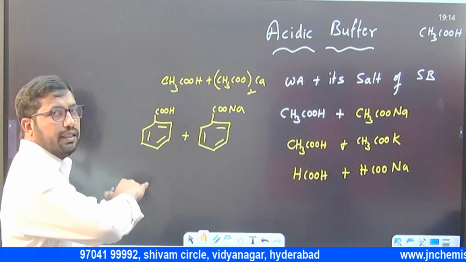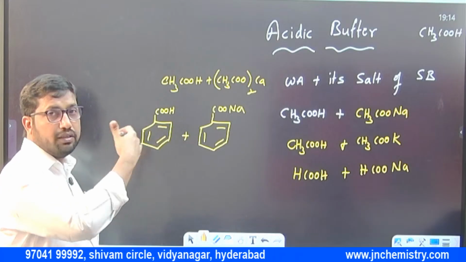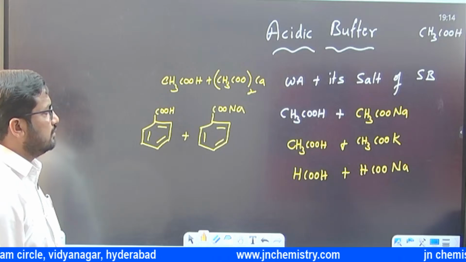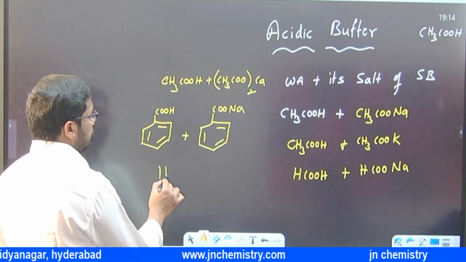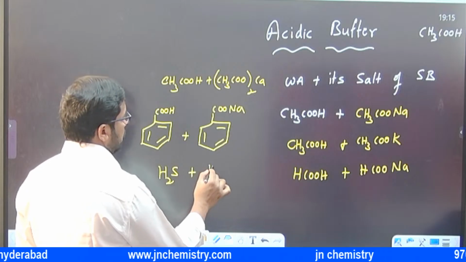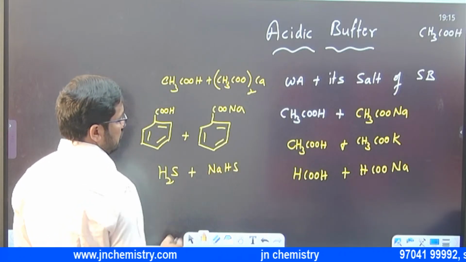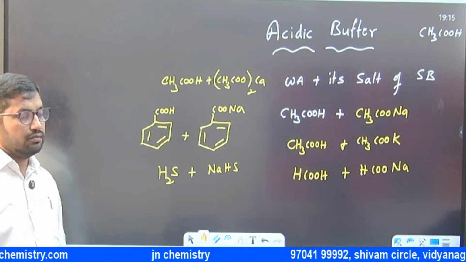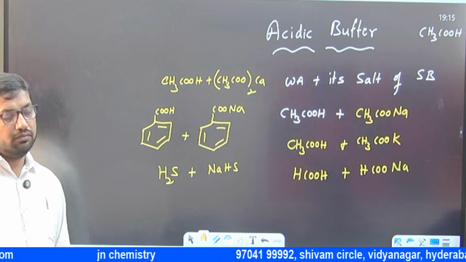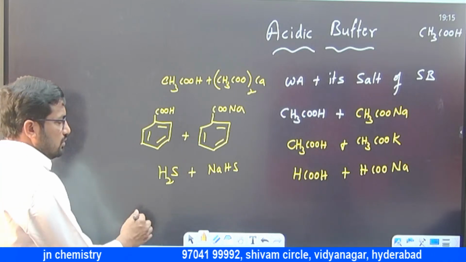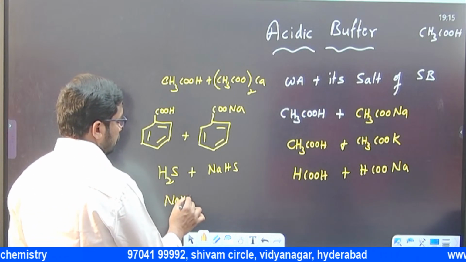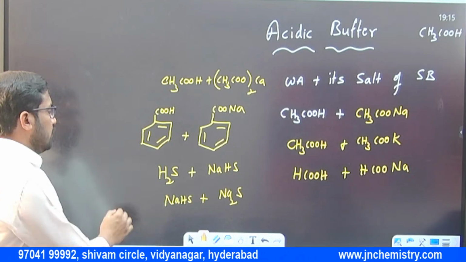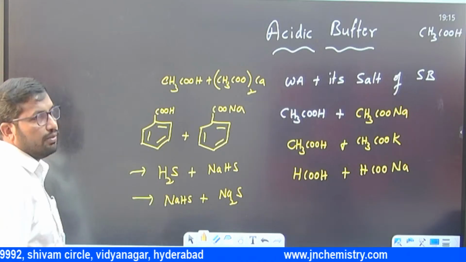Generally we can say acid and its conjugate base with the salt, of course, those are all acidic buffers. For example, H2S plus NaHS. NaHS also we can take plus Na2S. This is one type of buffer. This is other type of buffer. Two types.